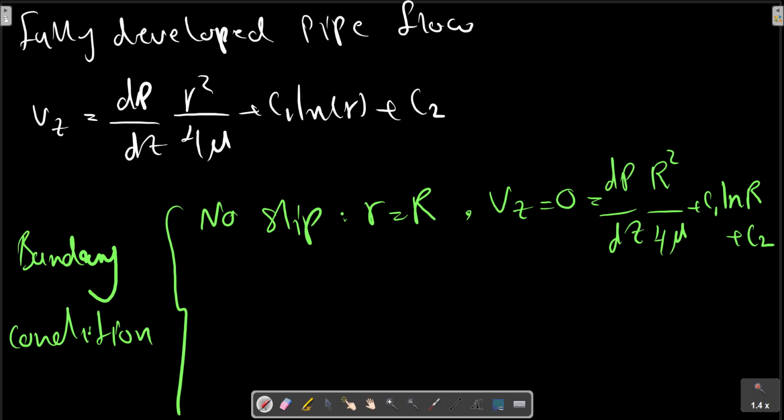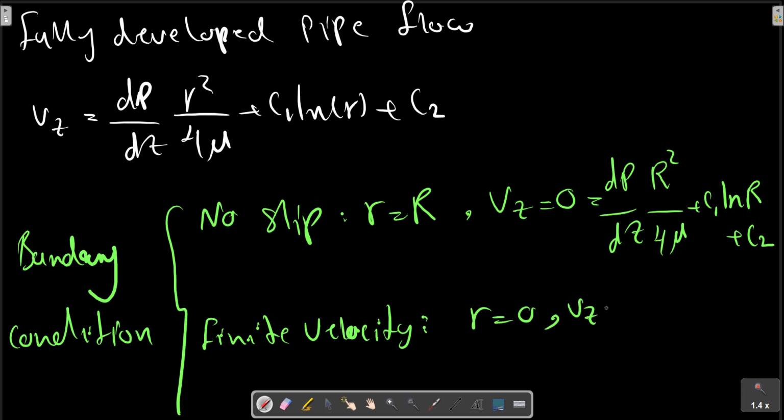And finite velocity at r equals 0, we have equals 0 plus C1 ln 0 plus C2. To avoid a logarithmic singularity, the center line condition requires that C1 equals 0.